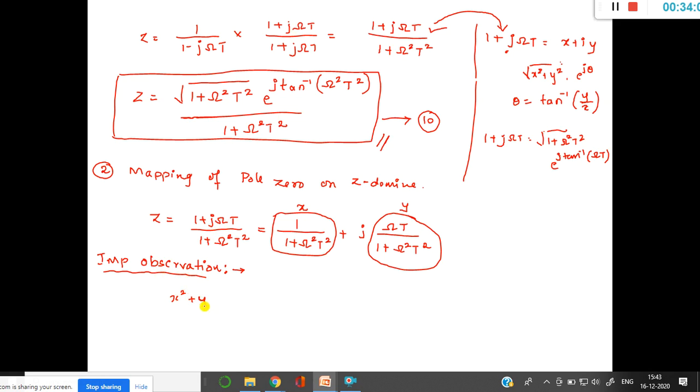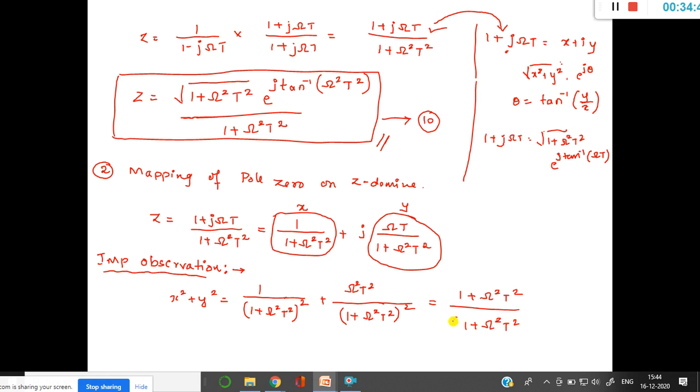So let me take x square plus y square. That is 1 plus omega square T square whole square, plus omega square T square, divided by 1 plus omega square T square whole square. Now if you see this, what do we get? 1 plus omega square T square divided by 1 plus omega square T square whole square.